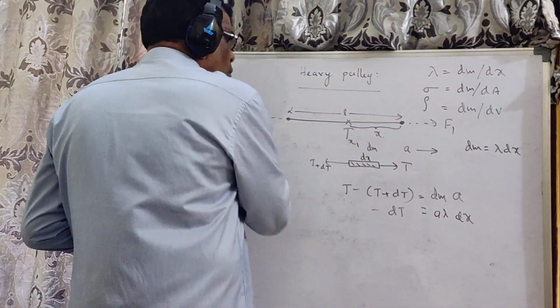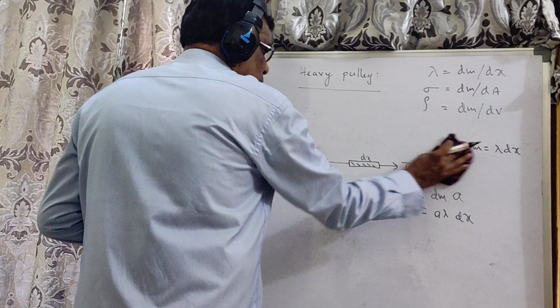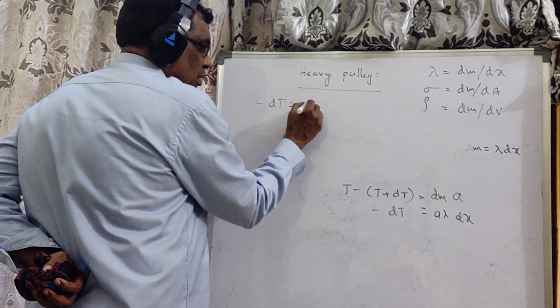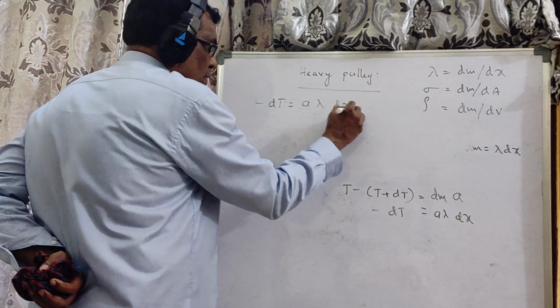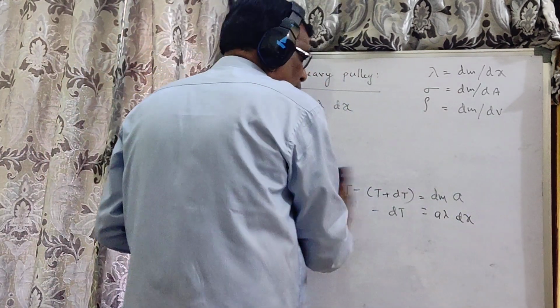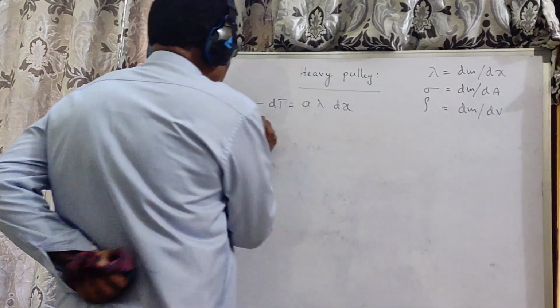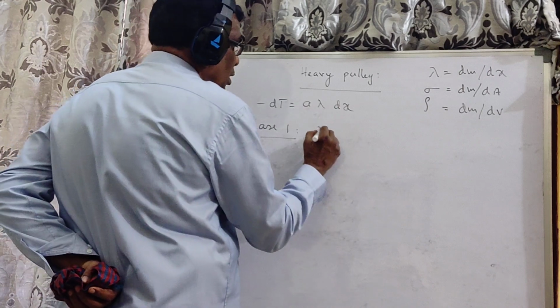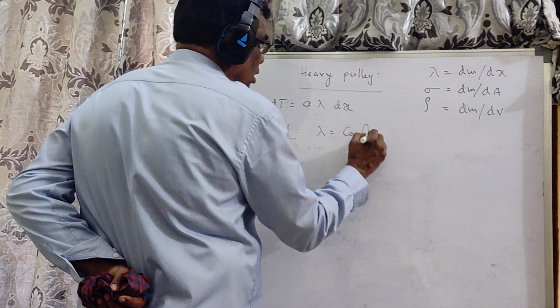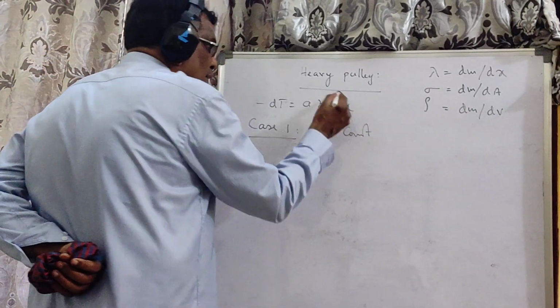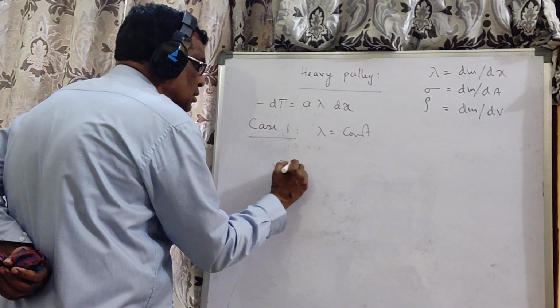Now, what does it mean to us? See, minus dT is a lambda dx. All depends on whether your lambda is a constant. Now I will take case 1, lambda is constant. I am taking it constant. That means I can directly integrate this.